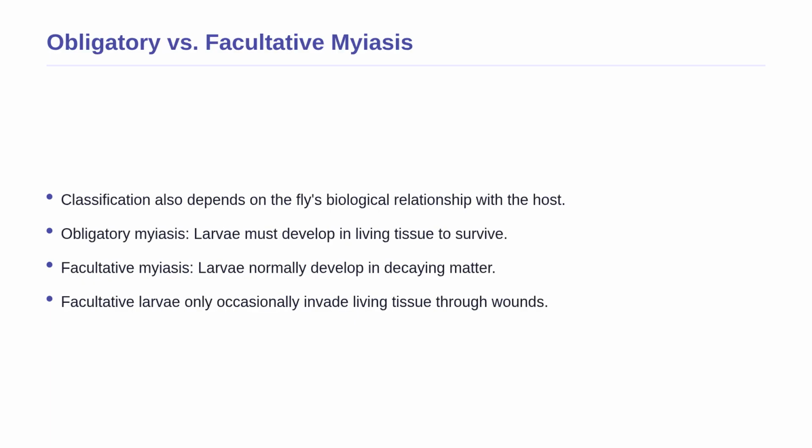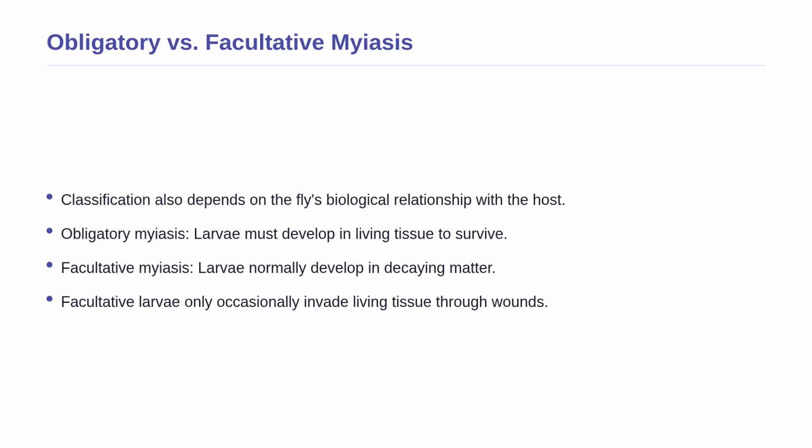Beyond just where the maggots are located, we must also classify myiasis based on the biological relationship between the fly and the host. This brings us to two crucial terms. The first is obligatory myiasis. In this case, the fly species absolutely requires a living host to complete its life cycle.